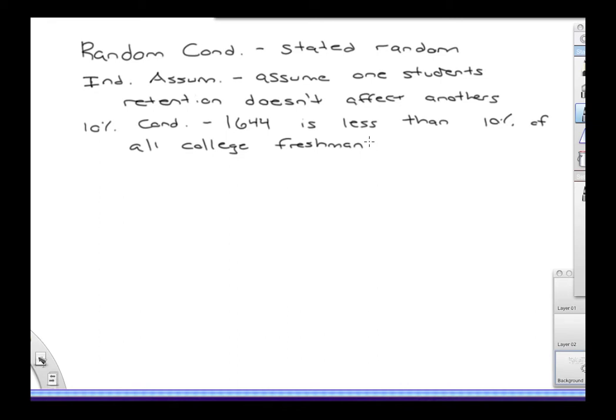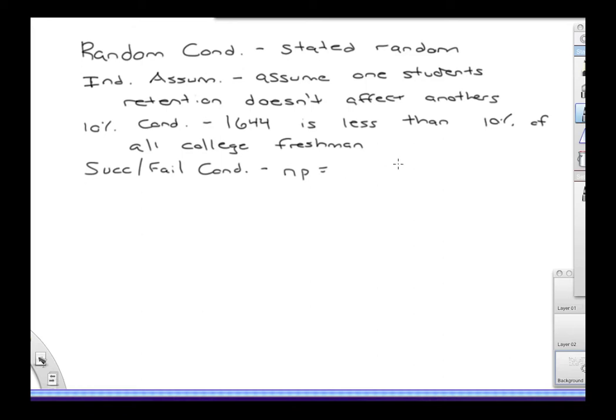And finally, the one that's going to change based on whether it's quantitative or qualitative data is our success/failure condition. If you remember back in chapter 18, when we dealt with means, we checked the large enough condition. So we need to have at least 10 successes and 10 failures, so np needs to be greater than or equal to 10.